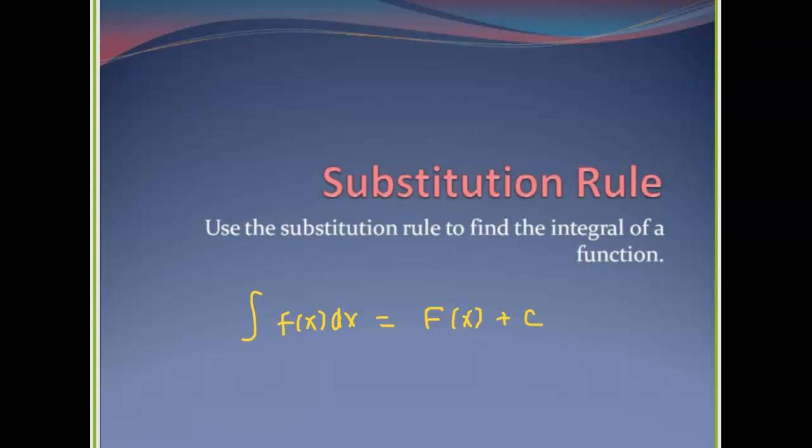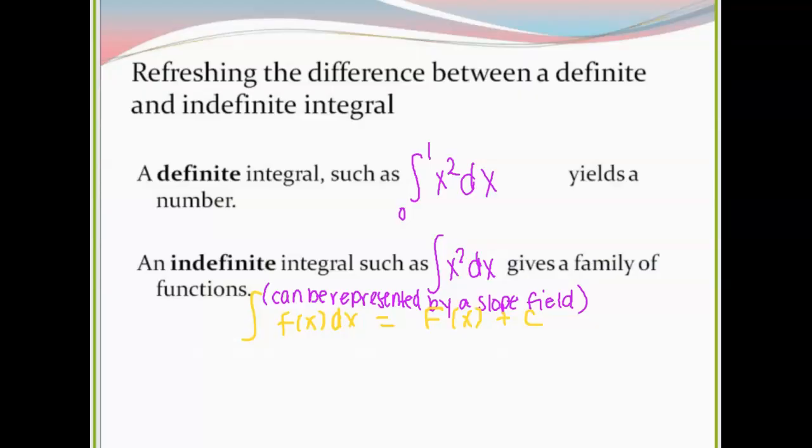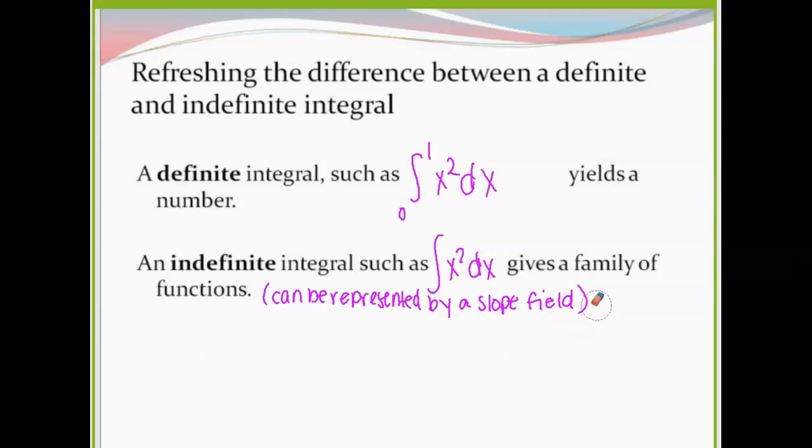So all of those rules are coming back into play. So a definite integral was an integral in which you had a bound and yielded a number as an answer. An indefinite integral was something that had no upper or lower bounds and could be represented as a slope field.